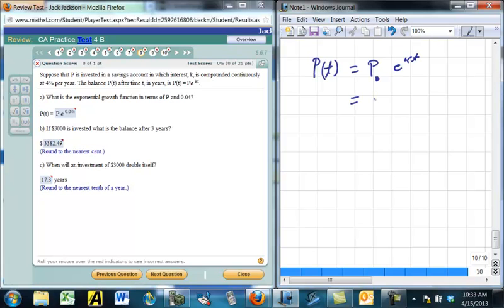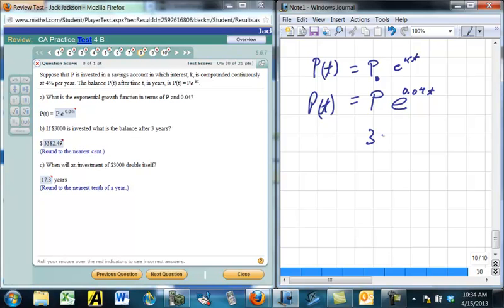And so if P is, we don't know what P is, we just call it P. But if K is compounded continuously at 4% per year, K is 0.04. So there's our formula for the amount, which is what we type in here.